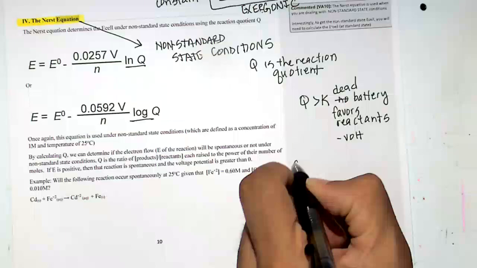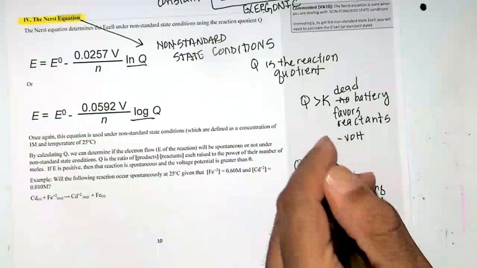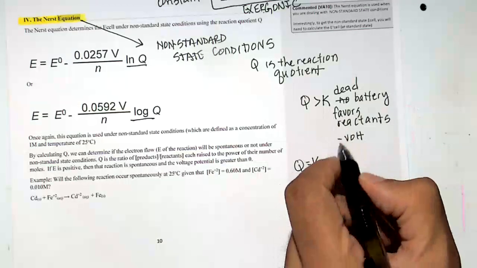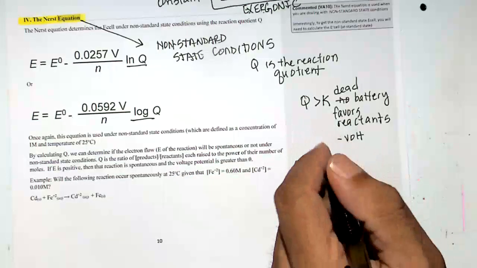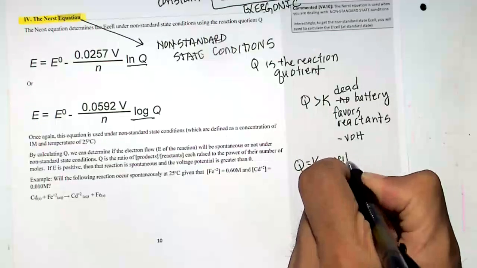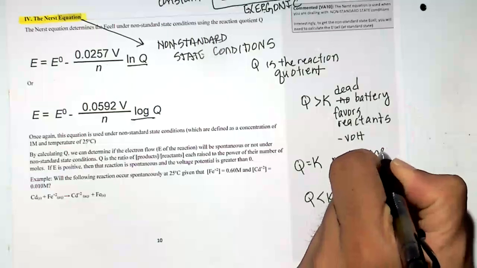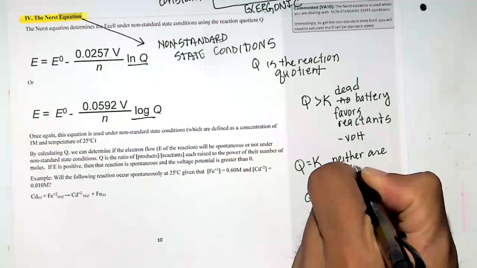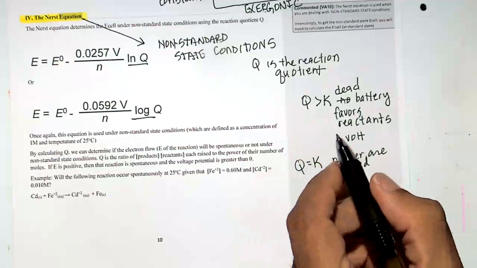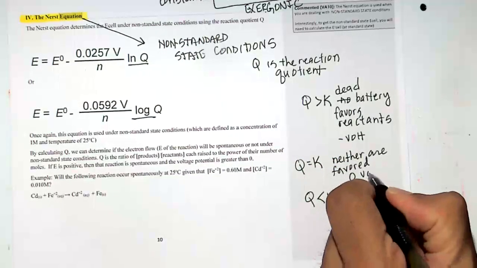And then Q is equal to K. This is not a battery. Neither are favored. So this is 0 volts.